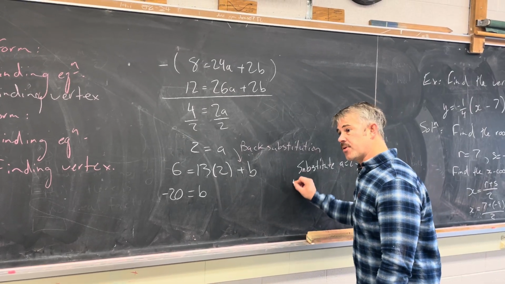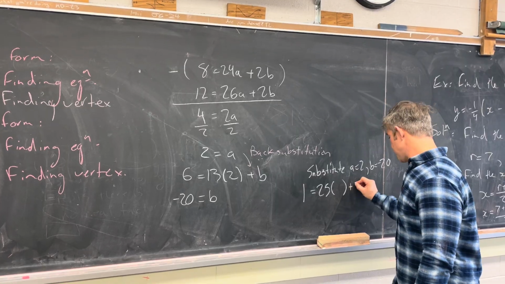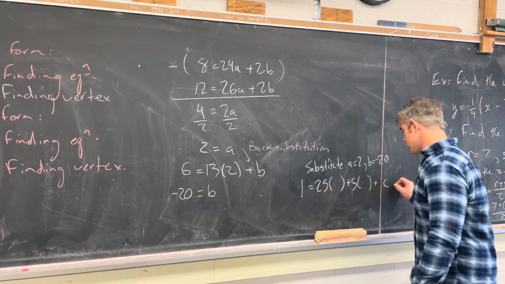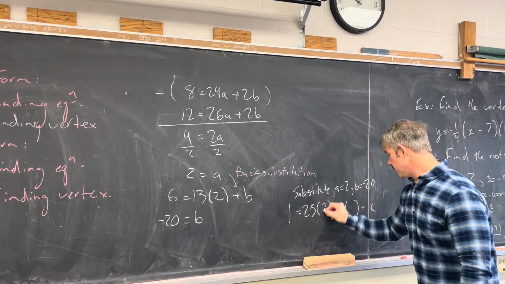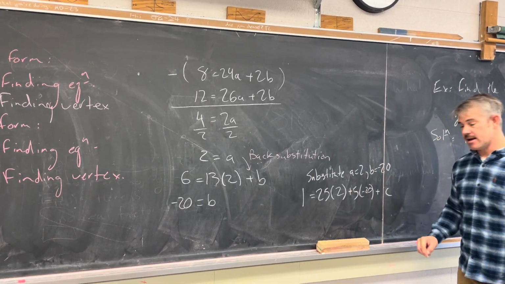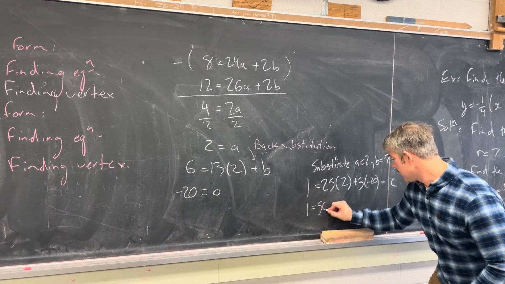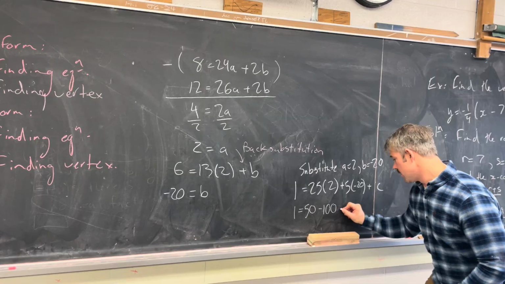So right at equation 3, it's 1 equals 25 times a plus 5 times b plus c. Now a was 2, b was negative 20, and c is going to be solved for. So I'll have 1 equals 50 minus 100 plus c.